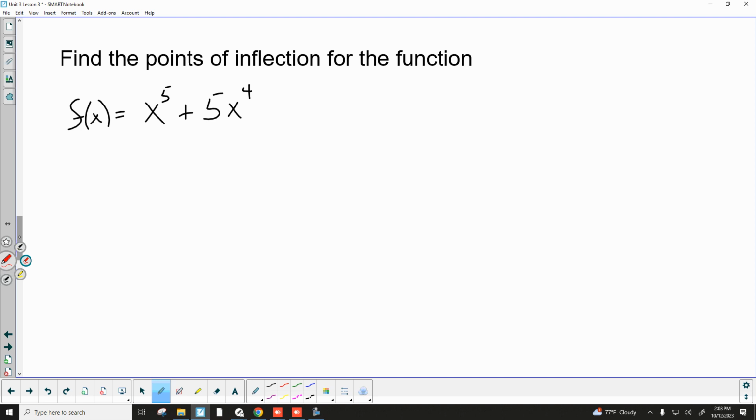What do you got? This is what happens when you try to do too much in your head. Let's see who's going to be right. So I'm going to guess that. You can't guess.